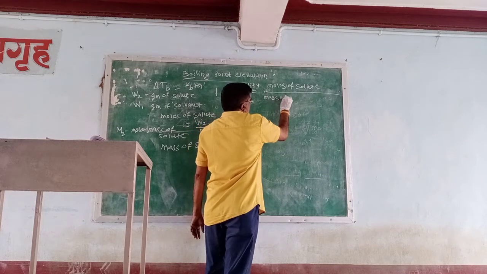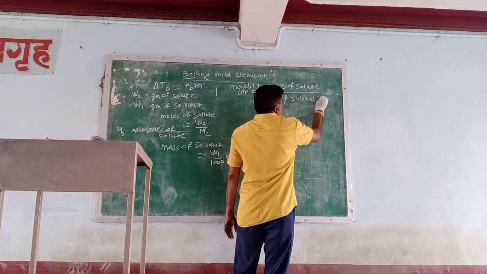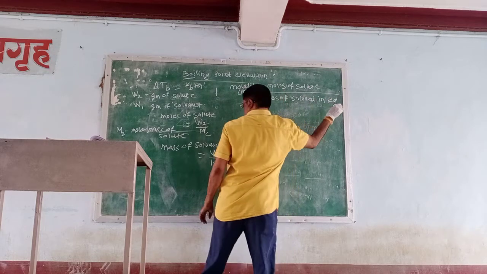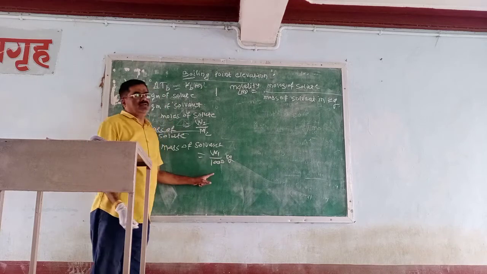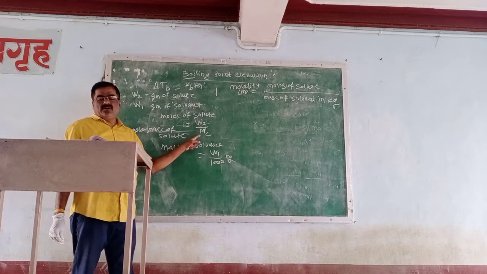The mass of solvent in kg is W1 upon 1000 and the moles of solute is W2 upon M2.